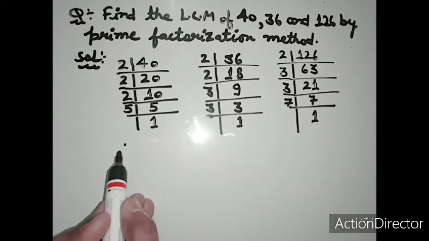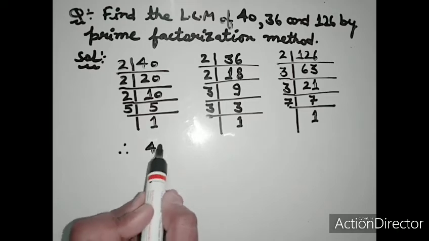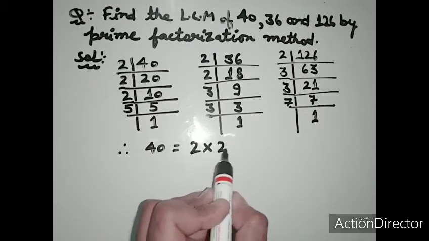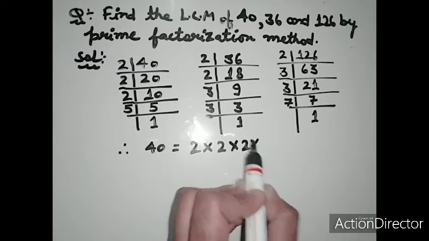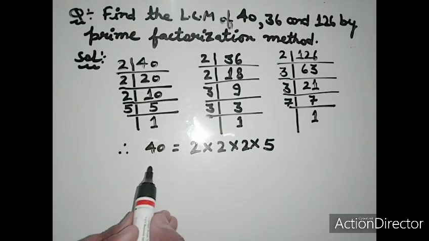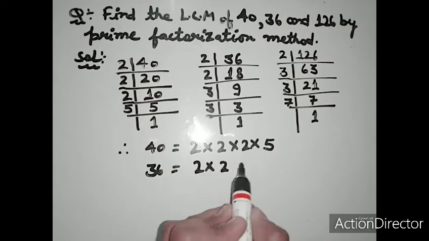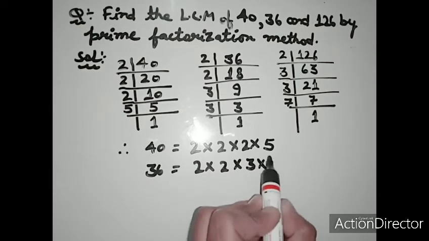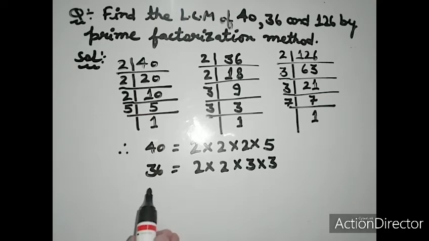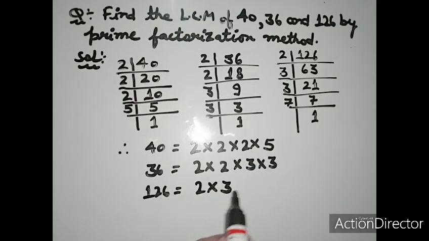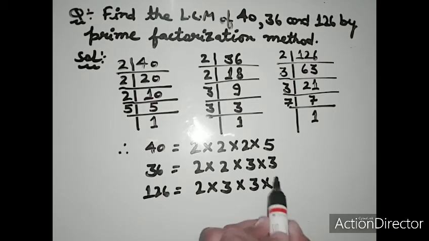Now we write all these prime factors here. 40 is 2 multiply by 2, multiply by 2 and multiply by 5. Now 36: 2 multiply by 2, multiply by 3, multiply by 3. Now 126: 2 multiply by 3, multiply by 3, multiply by 7.